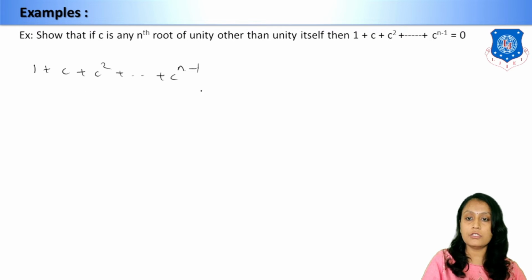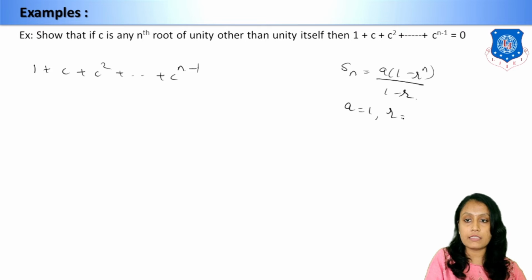Now this is a geometric series, and its sum is what? Sn is a into (1 minus r raised to n) upon (1 minus r). a is the first term, that is 1, and r is the ratio, that is c. So using this formula, what will we get? This sum as 1 minus c raised to n upon 1 minus c.